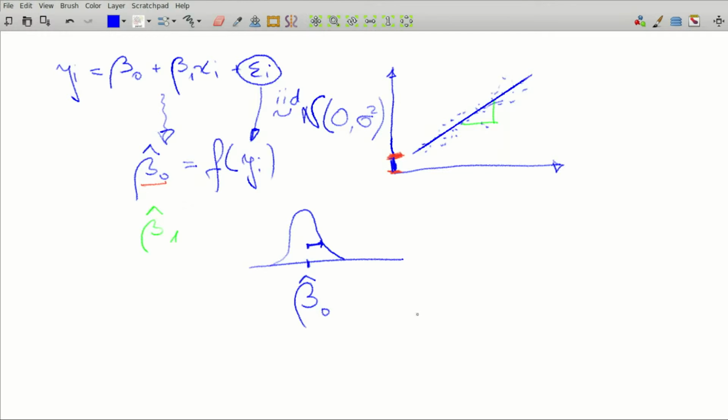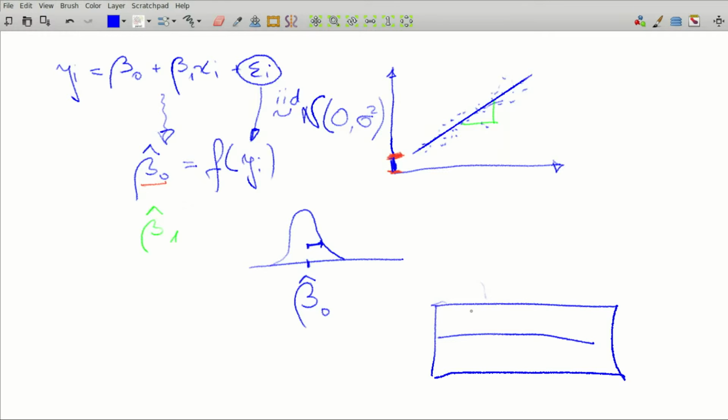And if we look back at our table, in R we had such a table. At the beginning we had the estimates. Here we had the standard errors thereof. Here we had the t-value. And here we had a p-value. So what do those mean?